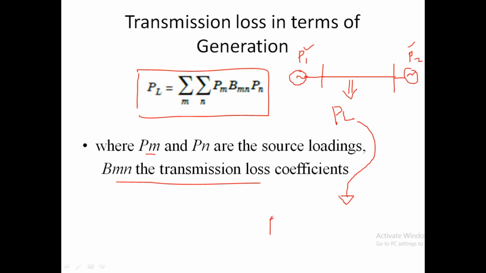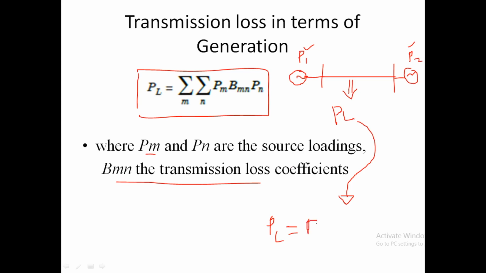PL is equal to what? In this case, 1 and 2 means three coefficients will come. One is B11, second one is B12, third one is B22. That means self coefficient is there, B11 and B22, and mutual coefficient is there, B12.